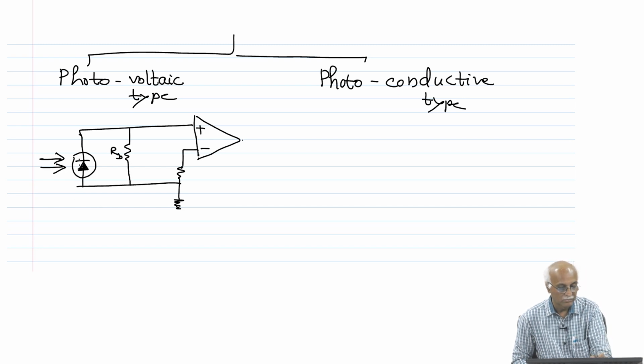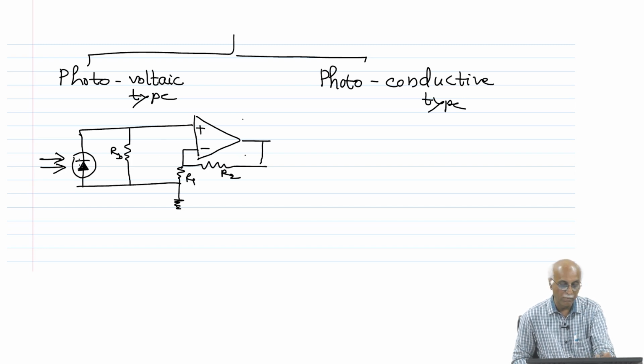This is the general configuration. Feedback is provided for amplification, R2 R1. This is for amplifier feedback, so that the output V output with respect to the ground is taken. So, this is photovoltaic mode.